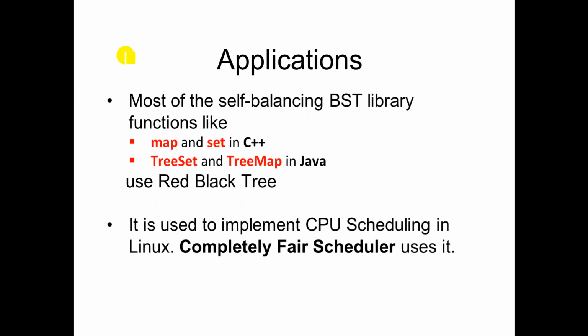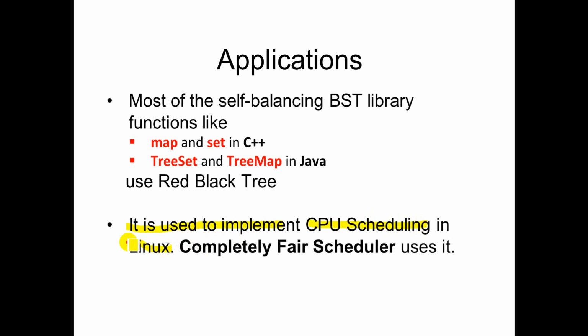You can see that most of the self-balancing binary search tree library functions, like map and set in C++, and TreeSet and TreeMap in Java, use red-black tree. In addition, the red-black tree is used to implement CPU scheduling in Linux.